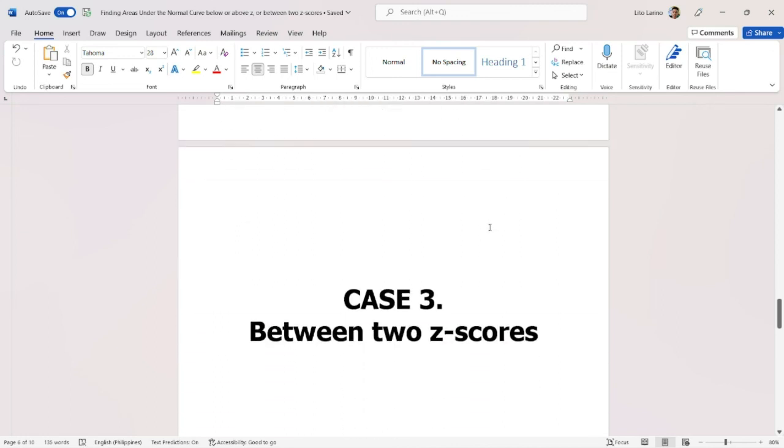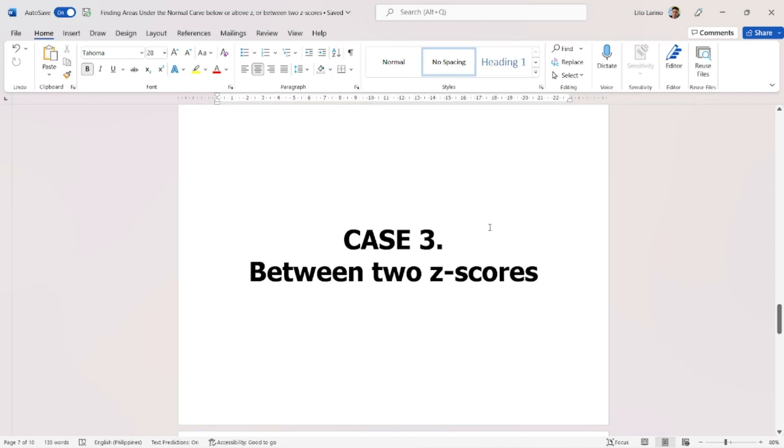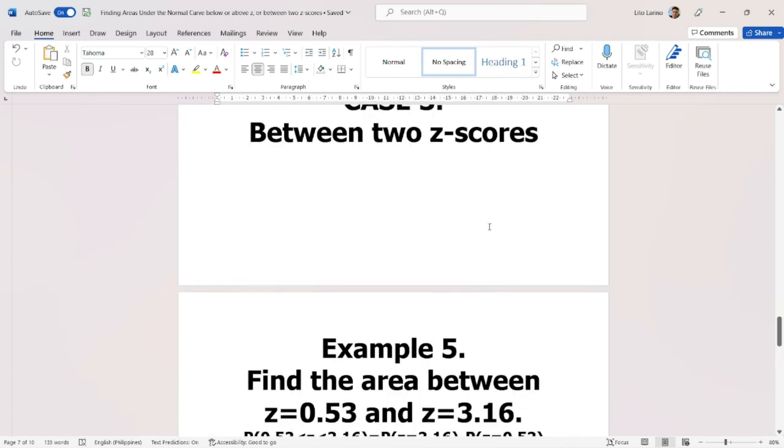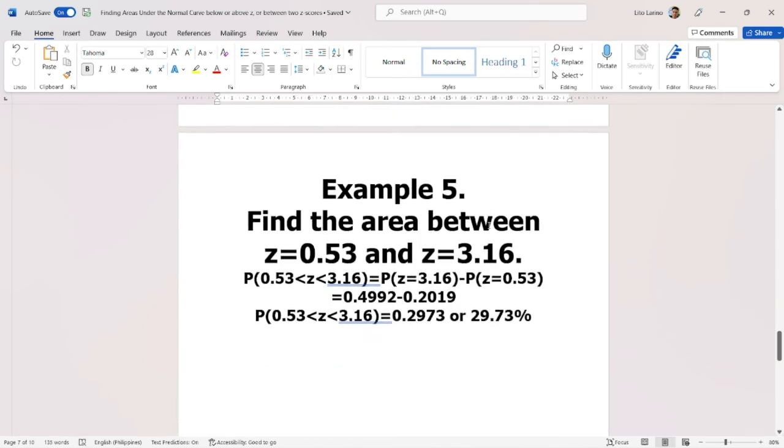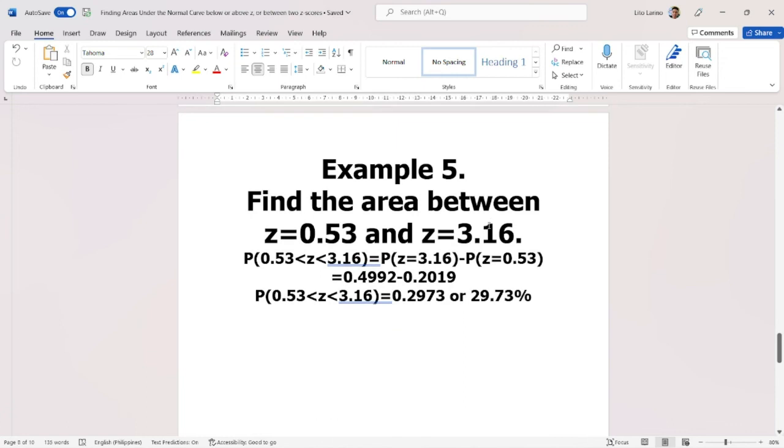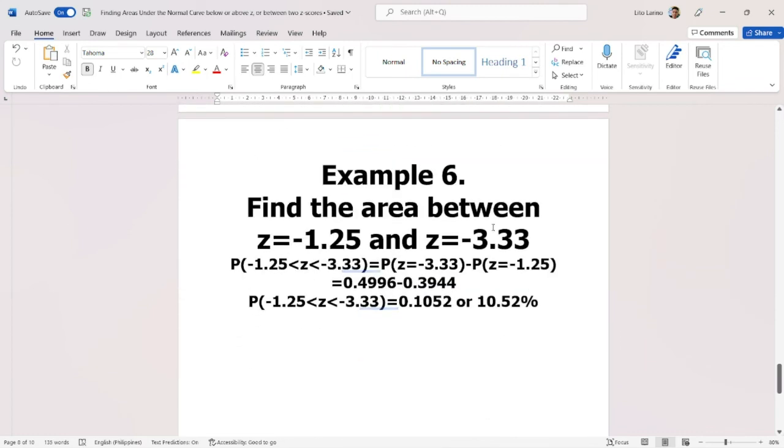And when we are asked to determine the area between two z-scores, we have to subtract or to add. We subtract when the two z-scores are located on the same side, either above the mean or below the mean. That is when the z-scores are both positive or both negative.